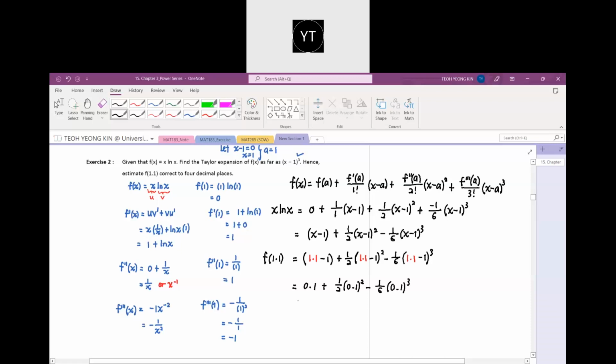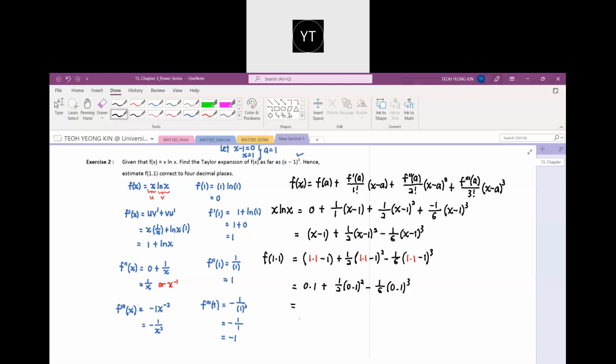By using your calculator, you should have 1. So this is 0.5 x squared minus 1 over 6 x cubed.